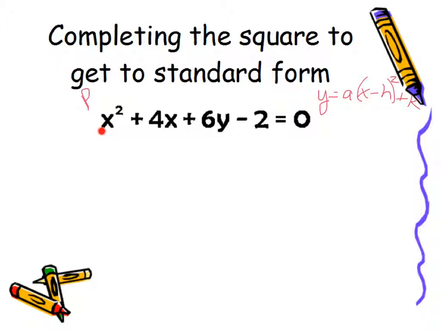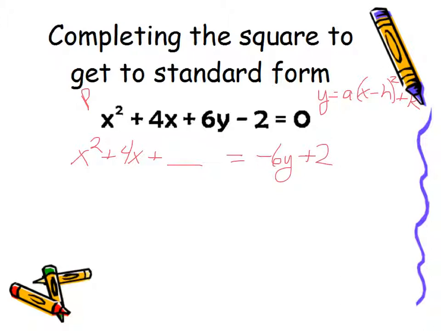But I do also want to get everything that I'm not completing the square with to the other side, which actually means both of these need to go to the other side. So I'm going to have my x squared plus my 4x plus something equals, and I'm going to move my 6y and I'm going to move my 2.